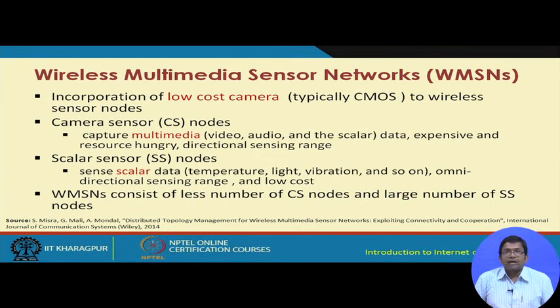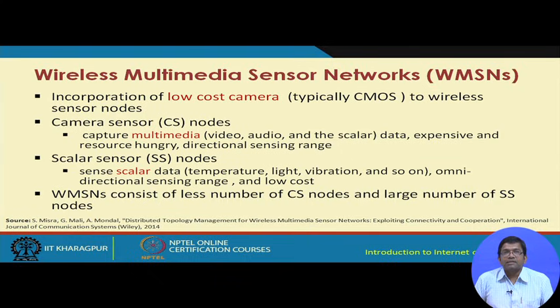Now, let us look at something known as the multimedia sensor networks. Multimedia sensor networks is very interesting. In multimedia sensor networks, you use multimedia devices apart from the regular sensors. These regular sensors like temperature sensor, humidity sensor, soil moisture sensor, etc., in the multimedia sensor network technology community are known as scalar sensors.